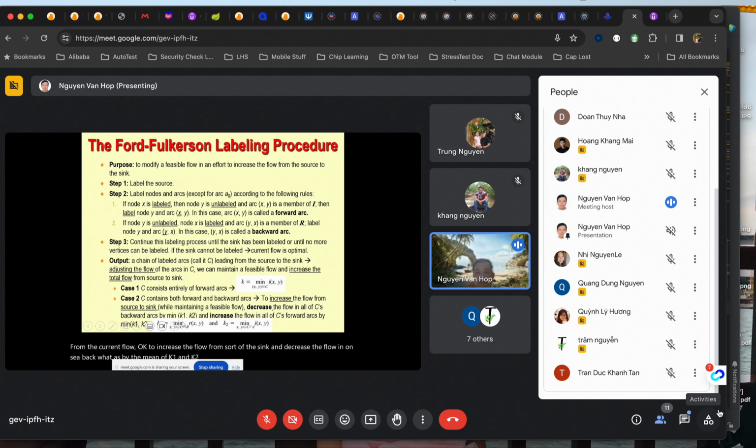K1 is the minimum of the reduced values, and K2 is the minimum of the increased values. Then we adjust all arcs by the smallest value.